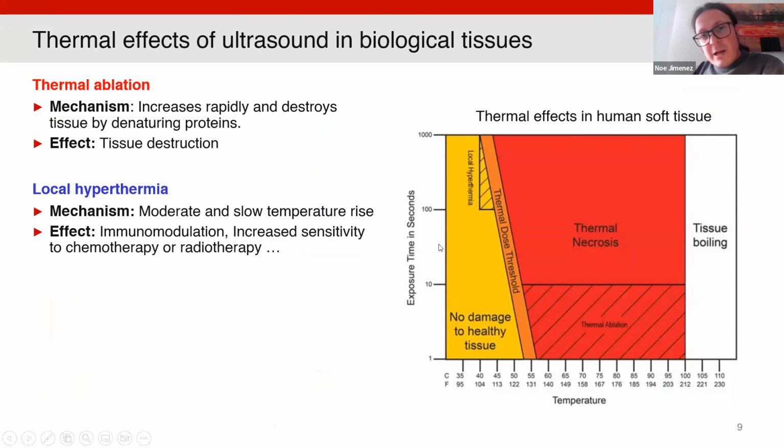But if you use very long exposure times and not a very high temperature rise, then you can produce in the tissues something like a local fever. And you can create these local hyperthermia treatments that are very interesting because you activate the immune system and you can really increase the sensitivity to chemotherapy or radiotherapy, and that can be used combined in order to treat some tumors in some oncology applications.